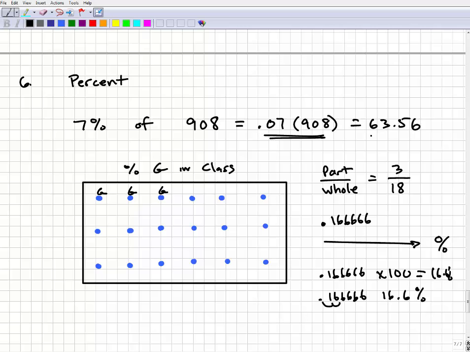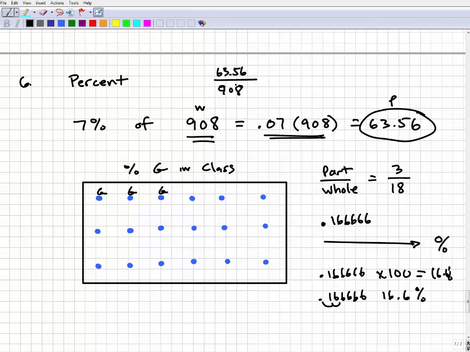Now, let's go back to our original problem. If I said 63.56 is what percent of 908? So this is the part and this is the whole. So I would just go, okay, 63.56, that's the part. I'm going to divide it by the whole, 908. Let's just go ahead and do this.